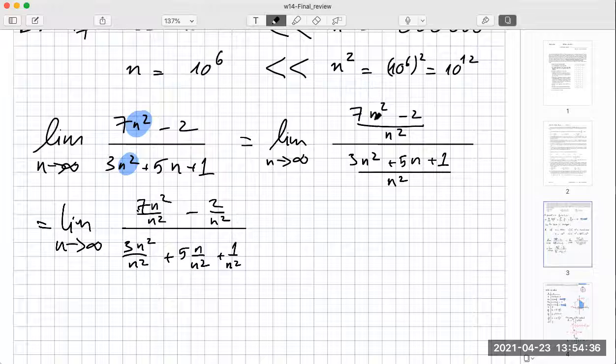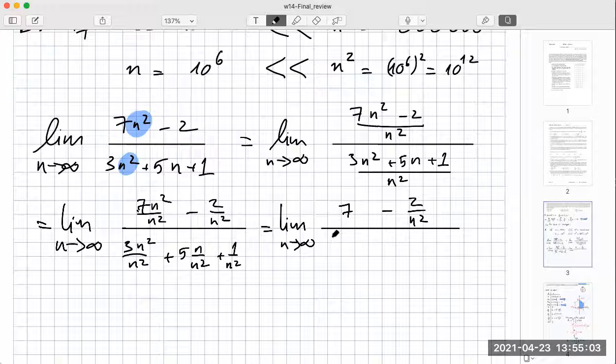A fraction where it is the sum of these terms, then we can separate them into these fractions. And now let us simplify it. 7n squared over n squared, what is it? 7. And this one remains the same, right?